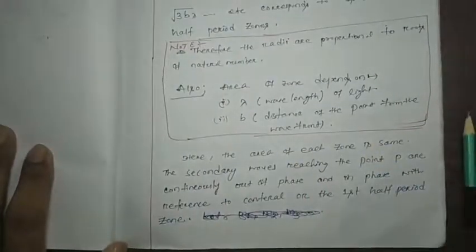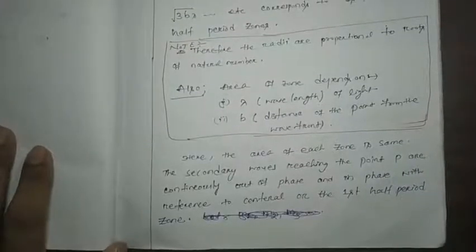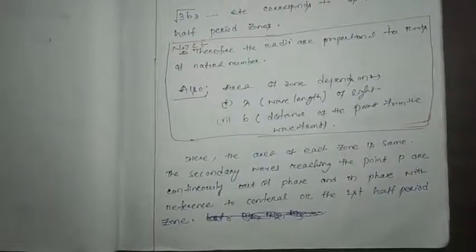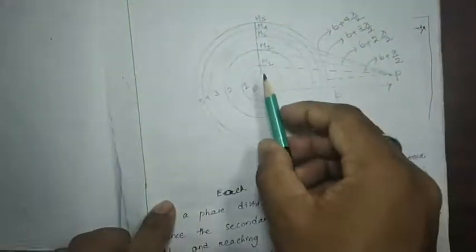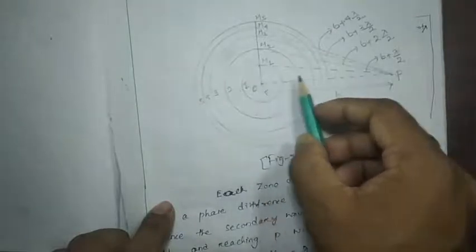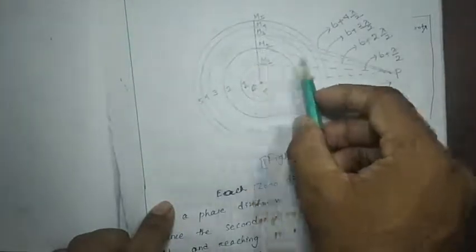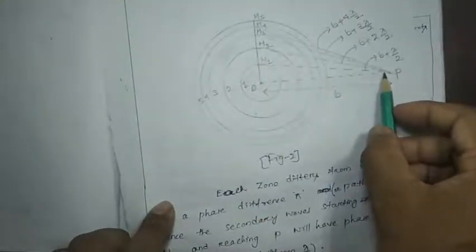The secondary waves reaching the point P are alternately out of phase and in phase with reference to the central or first half period zone. So the areas of these half period zones are the same, but the ray coming from here to P and the ray coming from M1 to P are out of phase.